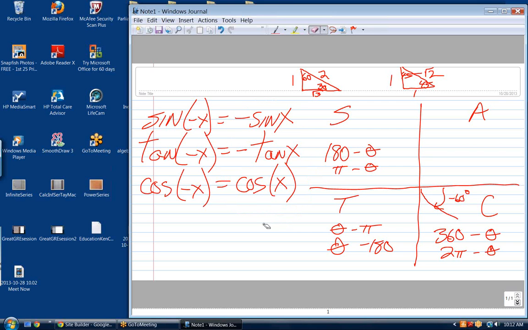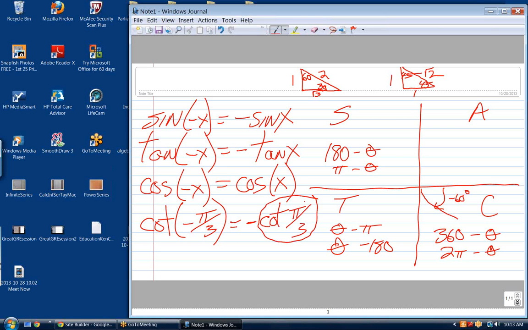Okay, so what was the question? Cotangent of negative pi over 3. So that's equal to what, based on the second equation here? The cotangent of negative pi over 3 is equal to the negative cotangent of pi over 3. Now all we have to do is work with this. That's a first quadrant angle.